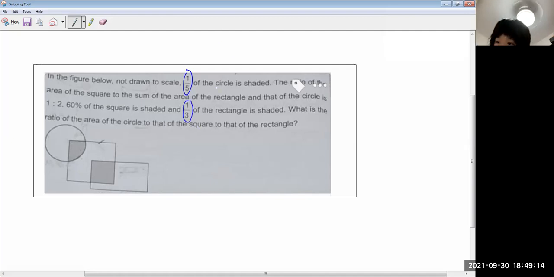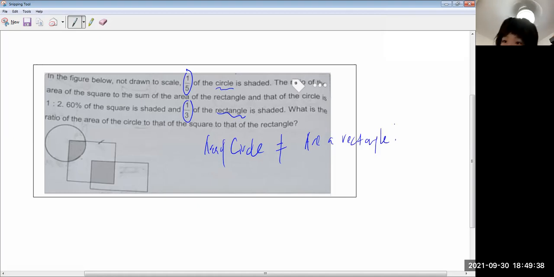If they tell you the circle and the rectangle is the same, then you can assume that. But right now, the area of the circle is not equal to the area of the rectangle. So that's why you cannot assume that. Okay. Yeah. If it's equal, then you can assume.